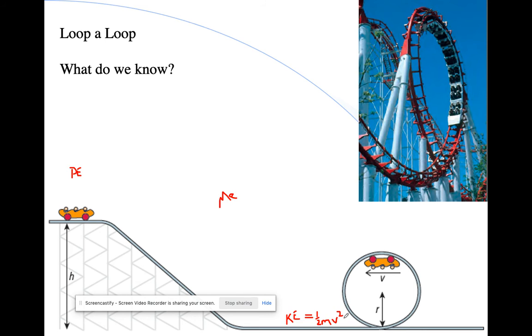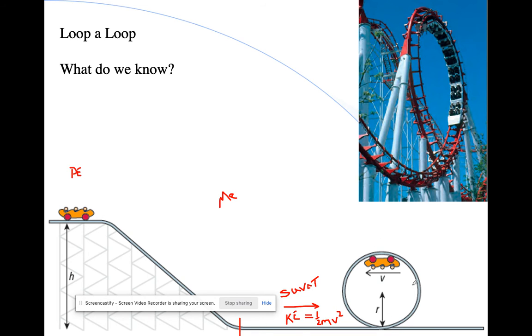We know that when it's down here, we have any kind of Suvat type thing going on, because once we know the energy down here and we find its velocity, we know any kind of Suvat type stuff down here, because now we just have simple one-dimensional motion. Once it comes down the hill, this is a flat track.